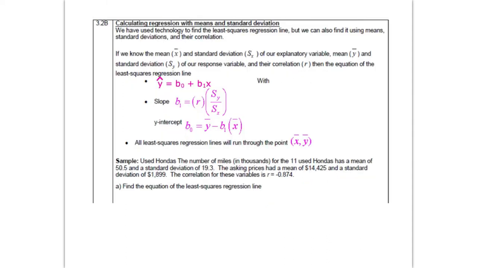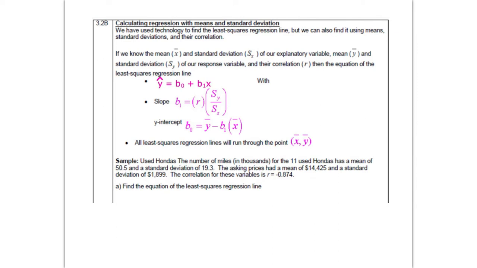Now, in the event that we do not have a set of data, but we have our data summaries, we have means and standard deviations, we can come up with our equation.